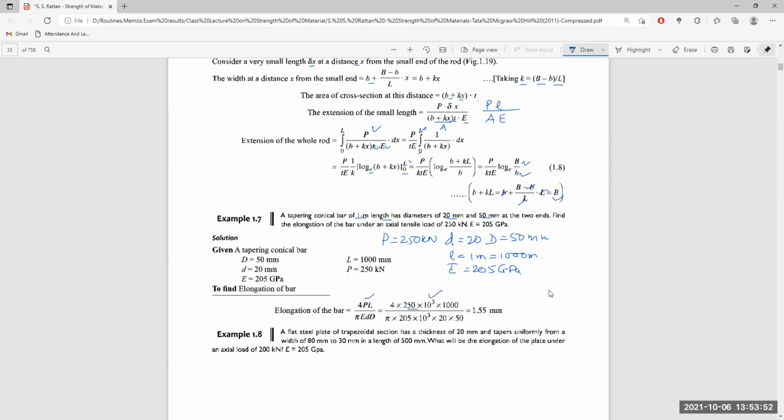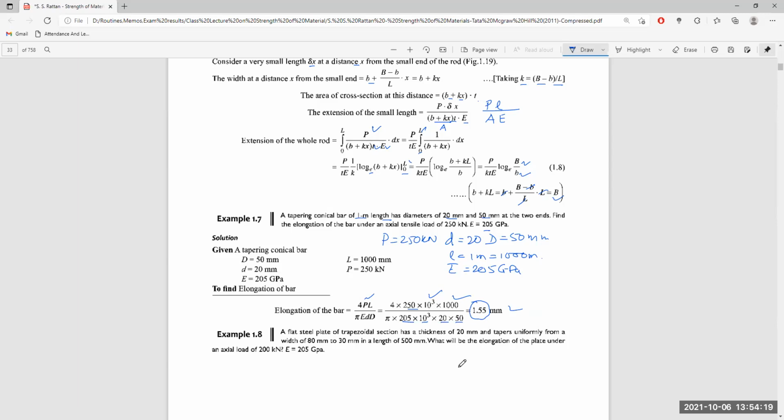L, 1 meter, is converted to millimeter by multiplying by 1000. E is given as 205, multiplied again by 1000 to make it megapascal, multiplied by 20, that is the small d in millimeter, and by 50, that is the bigger diameter in millimeter. So the elongation will become, after calculation, 1.55 millimeter.